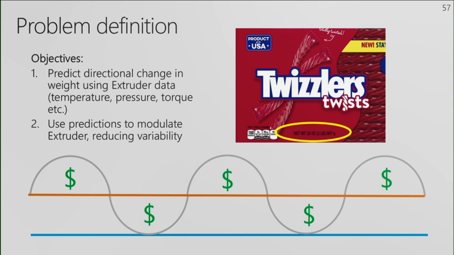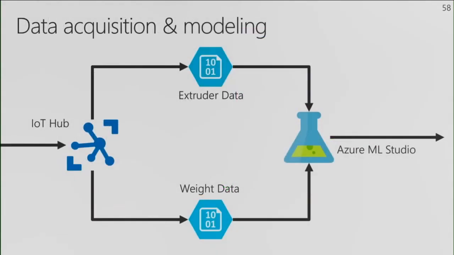Rather than predicting we're going to produce 32.3 ounces, it was more useful for us to say we're producing too much, we're producing too little, we're producing just about the right amount of weight. So we ultimately framed the problem as a multi-class classification problem. So that was our problem.